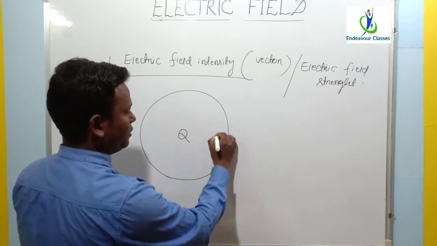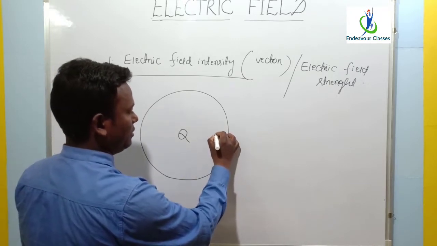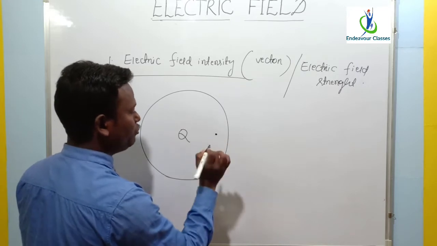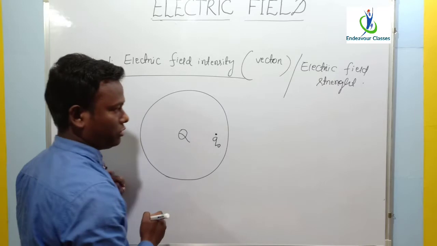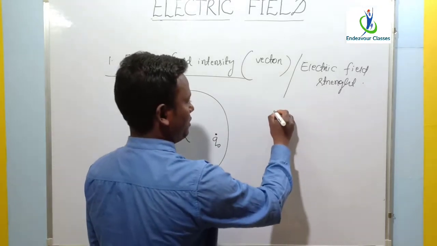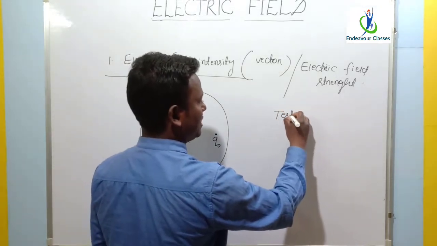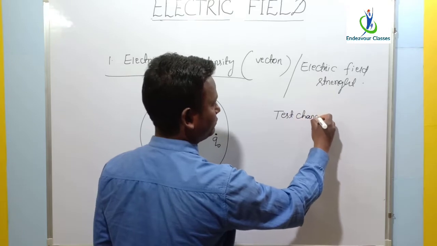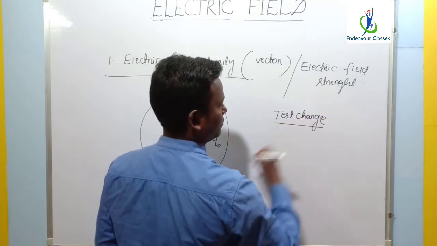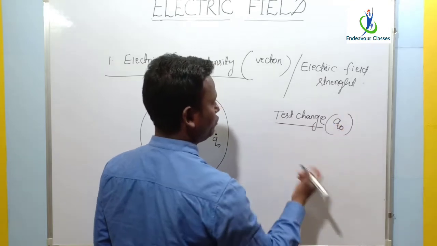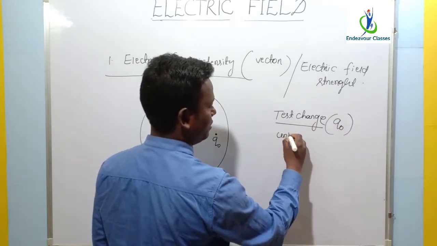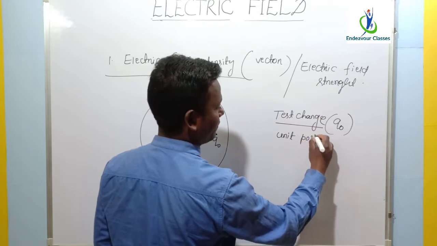Suppose you take a unit positive charge. We generally represent it by Q naught. So remember, a unit positive charge is otherwise called a test charge.